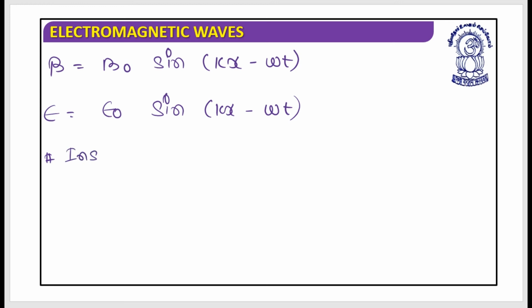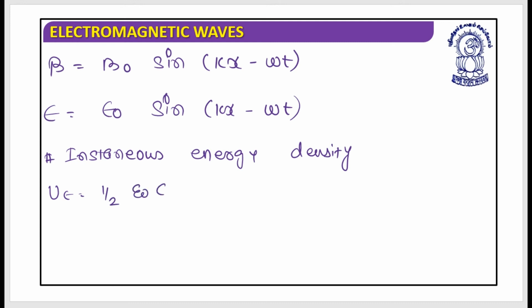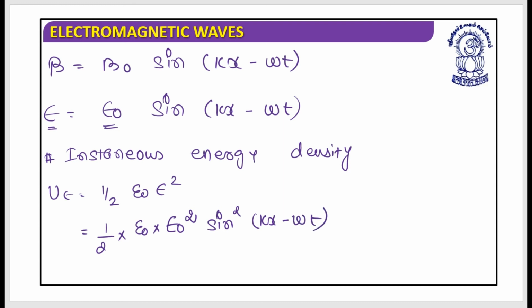If I talk about the instantaneous energy density, then it could be written as U_E equals half into epsilon naught into E square. So this is 1 by 2 into epsilon naught into E square. This is the electric field. If I square this, it is E naught square sine square (kx minus omega t).